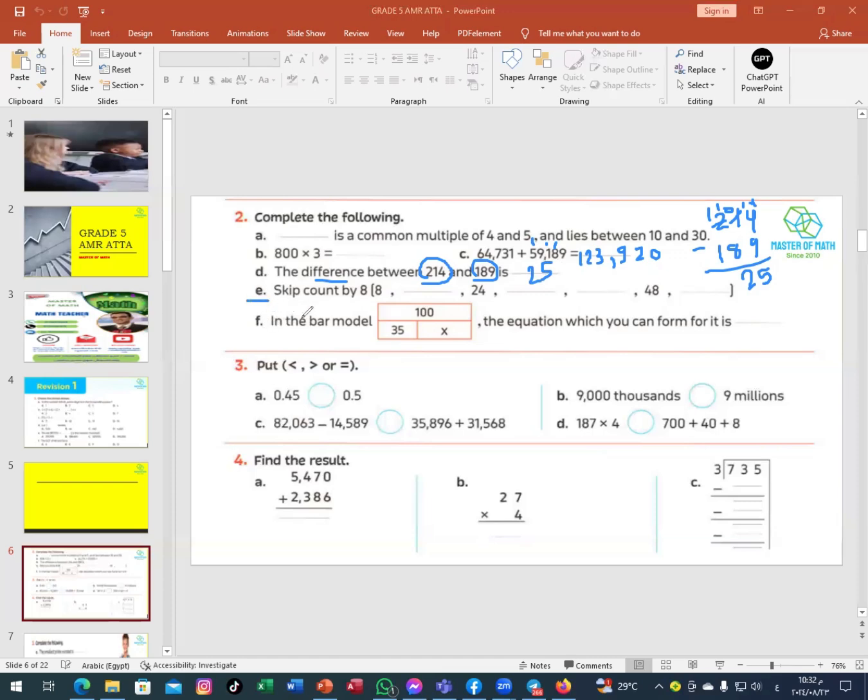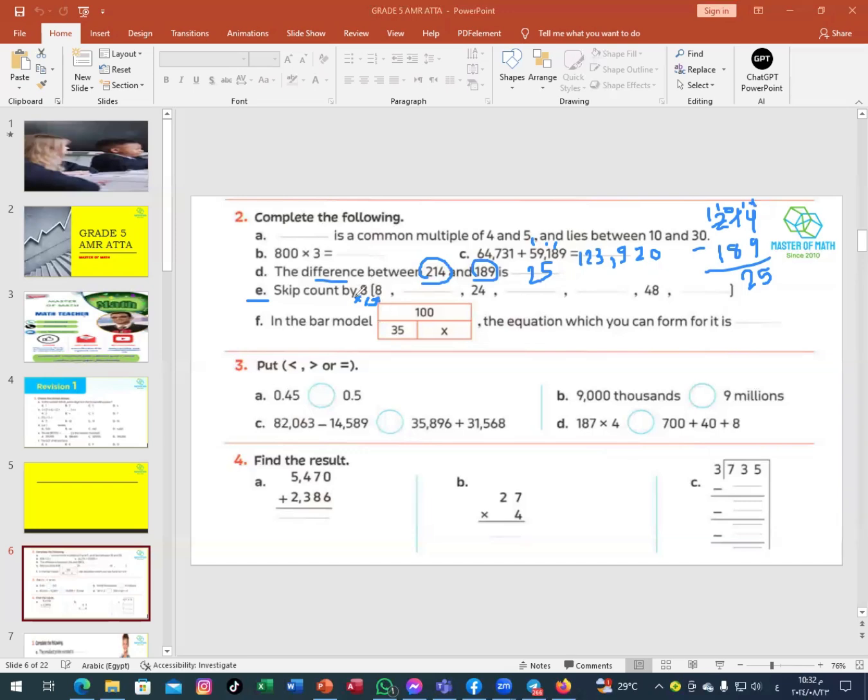Question number E, skip count by 8. 8, space, 24, space, 48, space. He took the multiples of 8, so here I multiply 8 by 1 to give 8, the product.